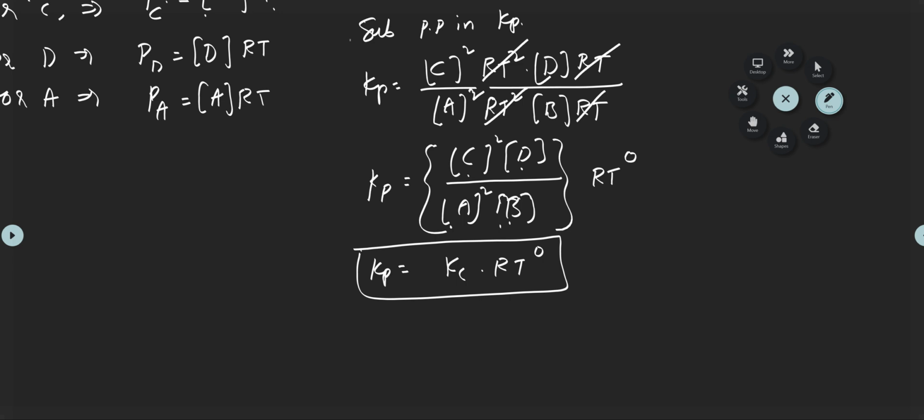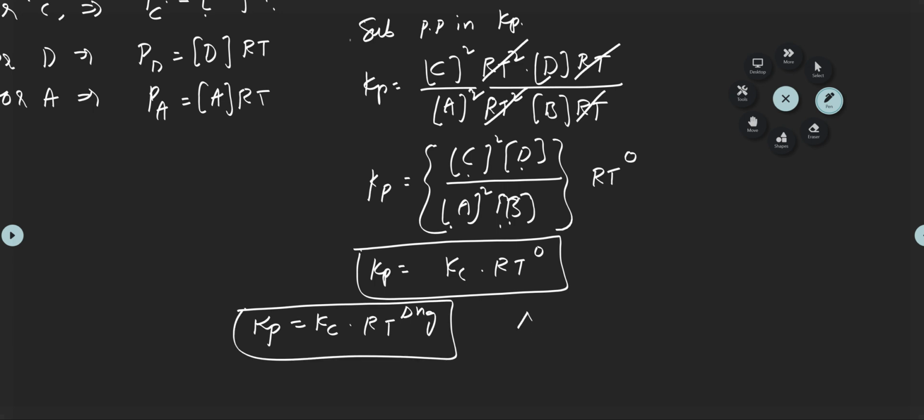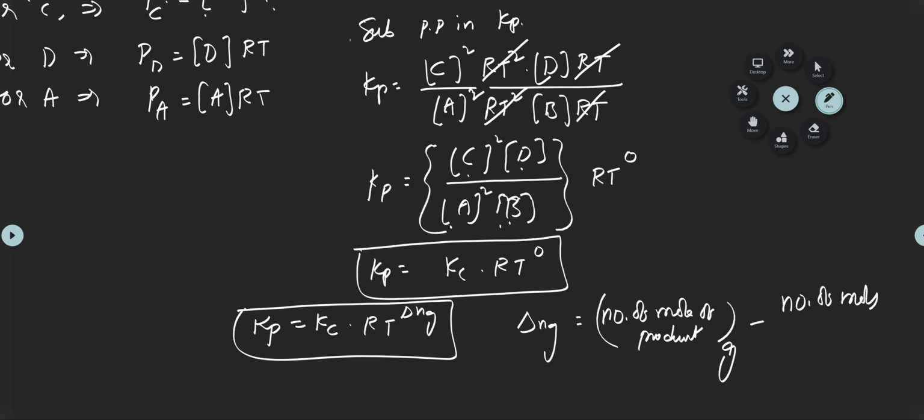For the general equation, Kp is equal to Kc into RT power delta Ng. So delta Ng is nothing but number of moles of products in gaseous state minus number of moles of reactants in gaseous state.